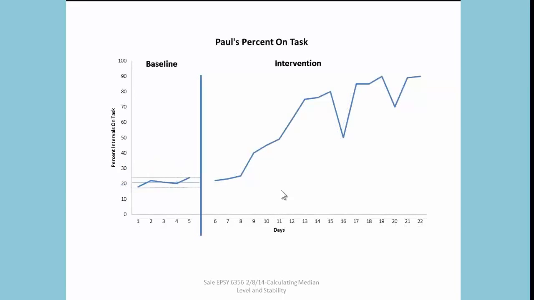Now here I've placed a correctly placed median line, as you can see right here, and I've got the 2.1 above and the 2.1 below. So that's my stability envelope, and as you can see, the only point that really goes above is at 24, and it's just a hair above. The rest of the points are in the data stability envelope, and therefore my data are stable.